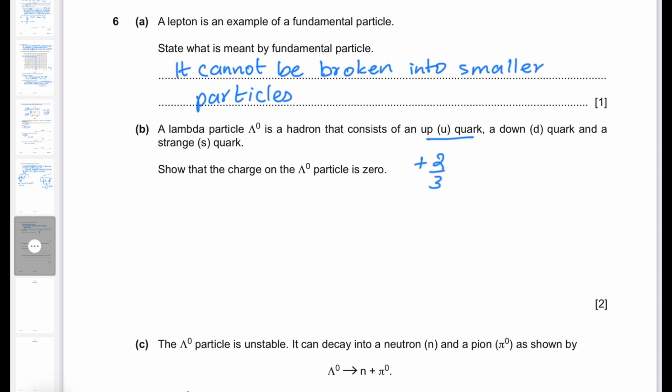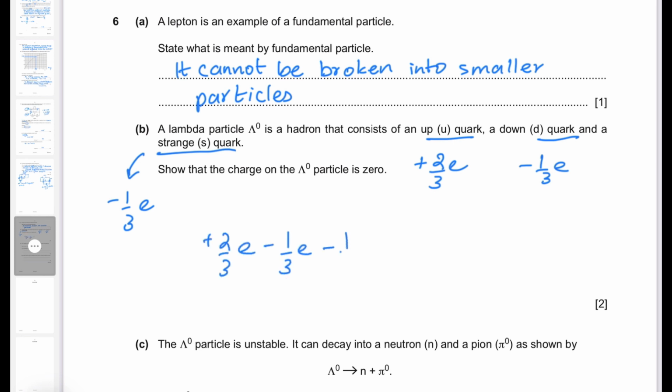The charge of an up quark is plus 2/3. Down quark has a charge of -1/3, and similarly, strange quark has a charge of -1/3. When you add these together, you would have a charge of 0.